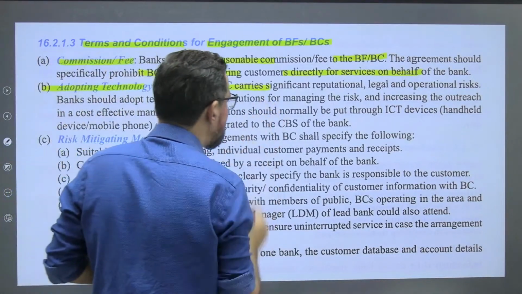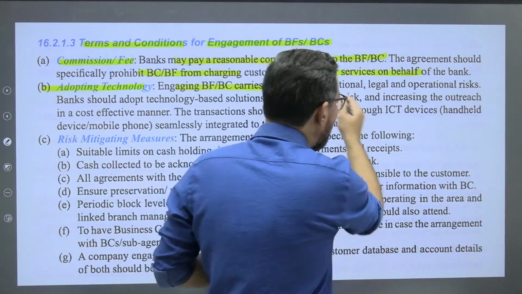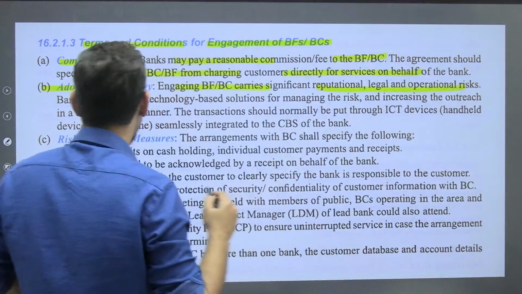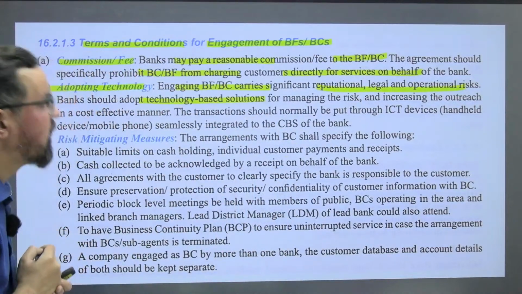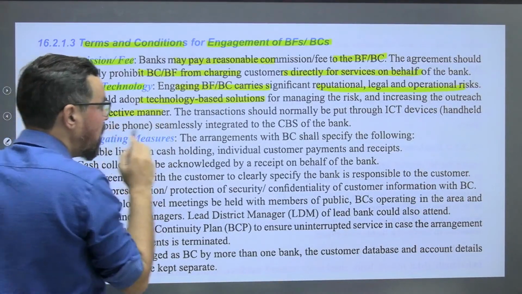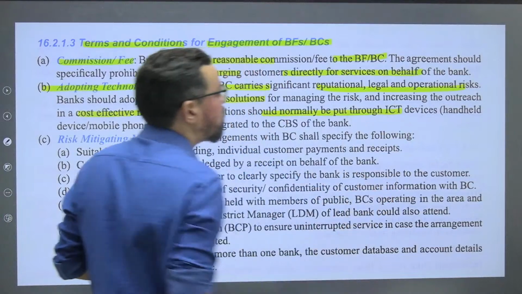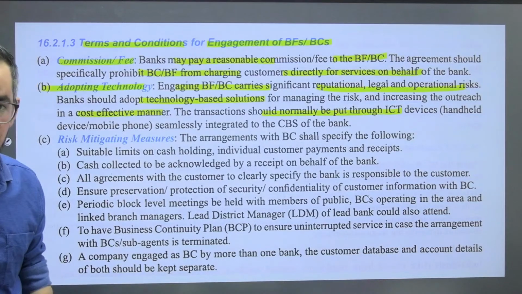Then the second one is adopting technology. Engaging BF and BC carries significant reputational, legal and operational risk. Banks should adopt technology-based solutions for managing the risk and increasing the outreach in a cost-effective manner. The transaction should normally be put through ICT devices, handheld devices or mobile devices, seamlessly integrated to the CBS of that particular bank.